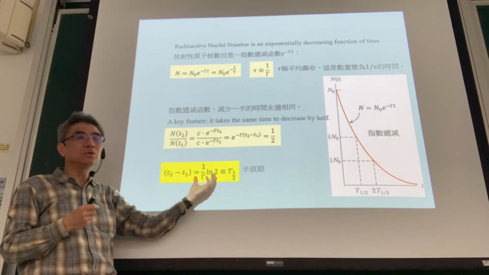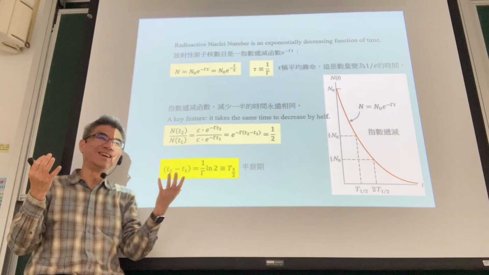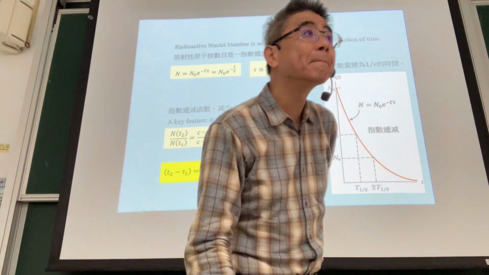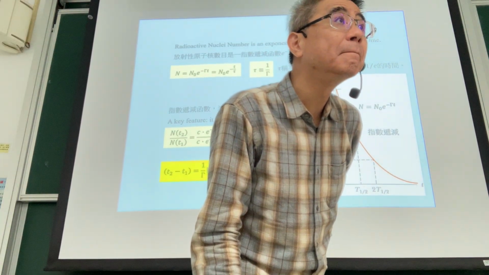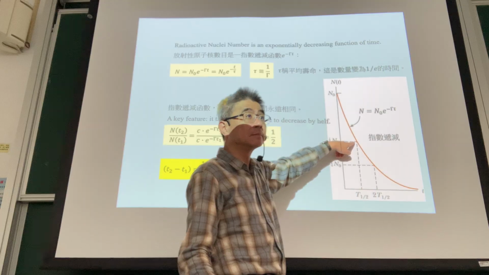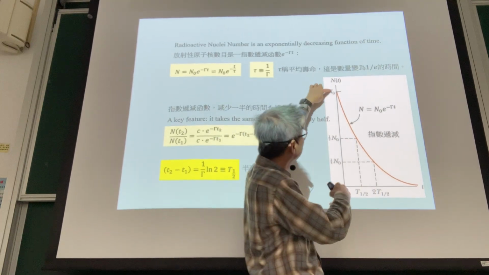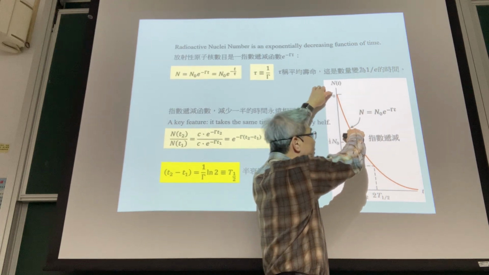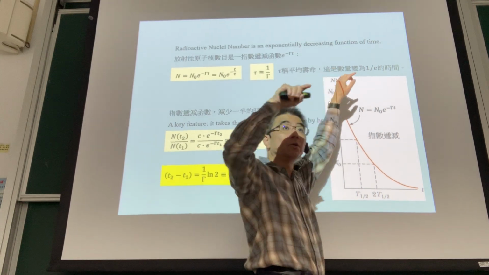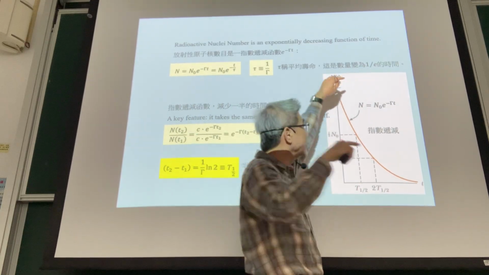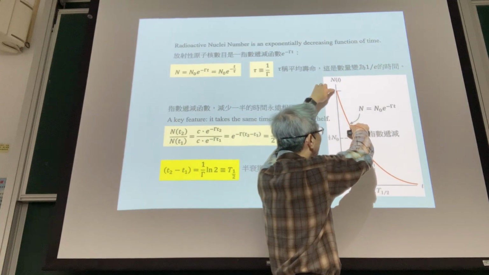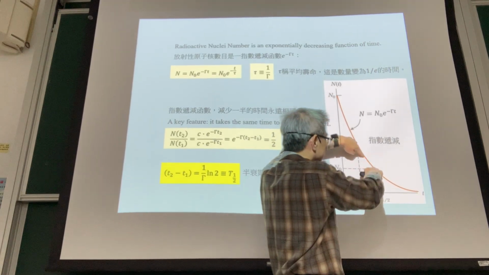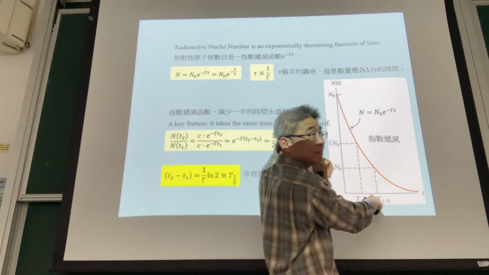But even easier to use is half-life. It's easier to describe. Half-life is when the number decreases by 1/2. From here to here, it decreased by 1/2. But if it decreased by 1/e, 1/e is almost 1/2.7, so that should be smaller than 1/2. From here to here, that time is called the half time.